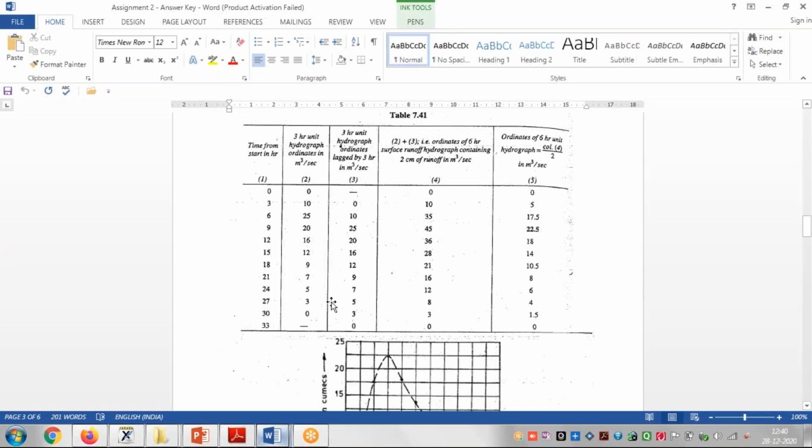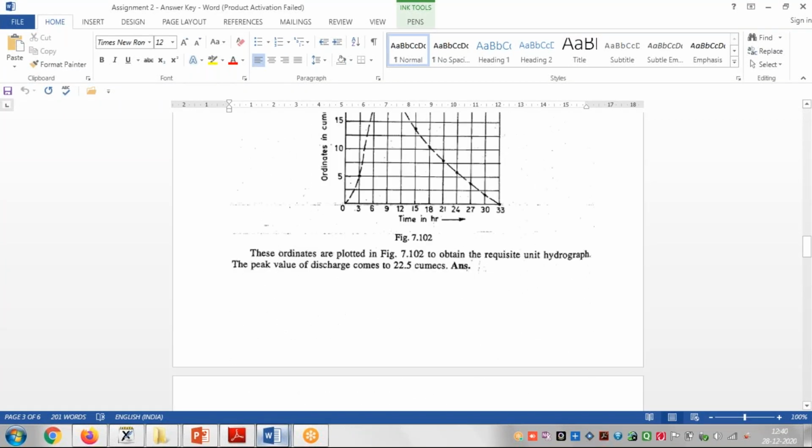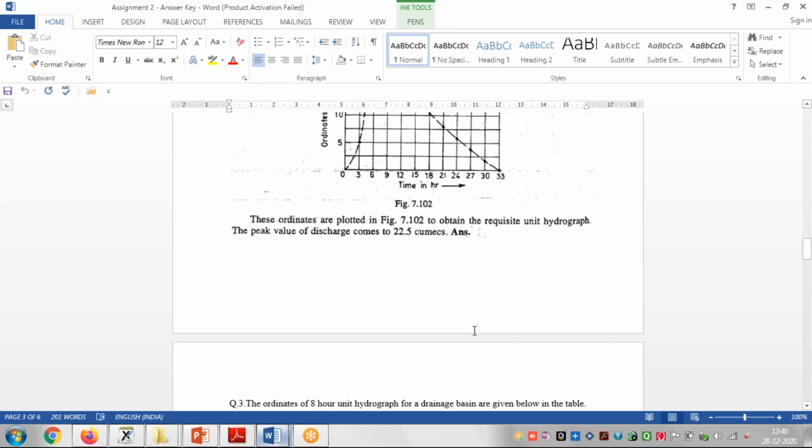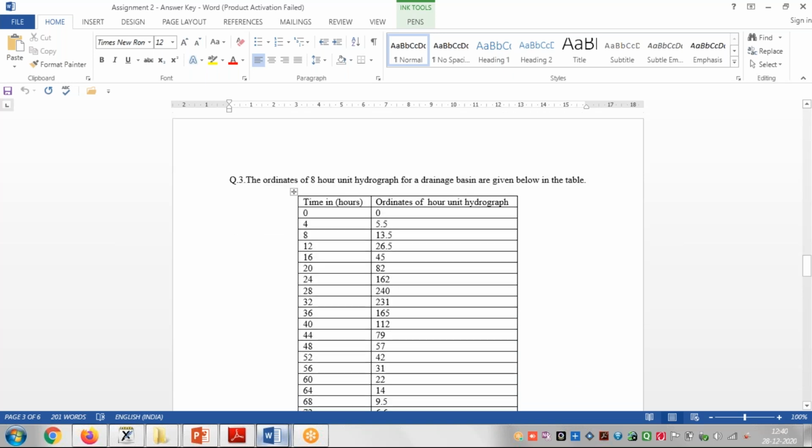So after that, you will get these ordinates, and you have to draw them on the x and y axis, right? Similarly, the ordinates of the 8-hour unit hydrograph are given below.